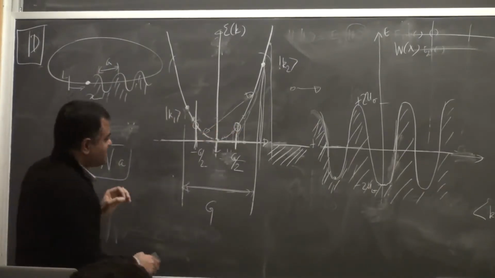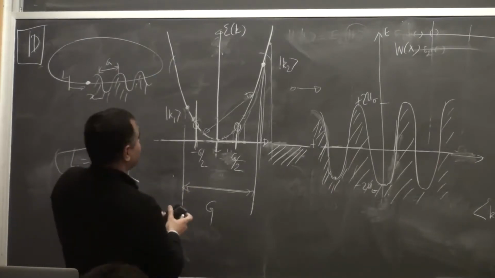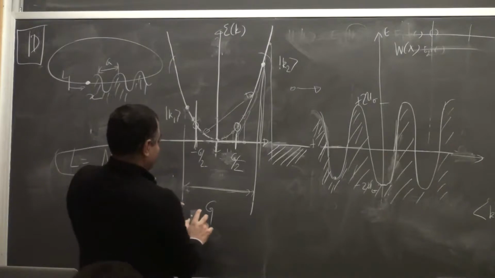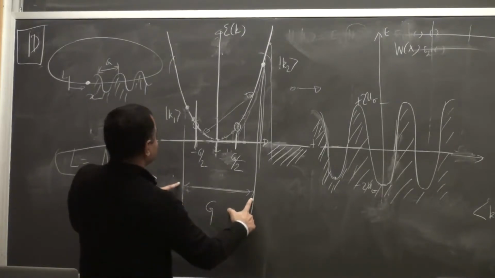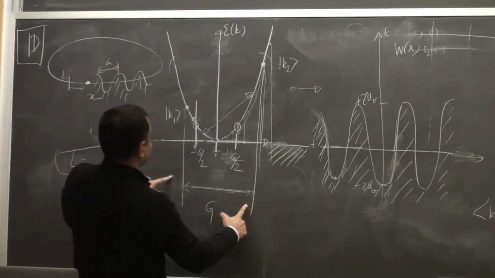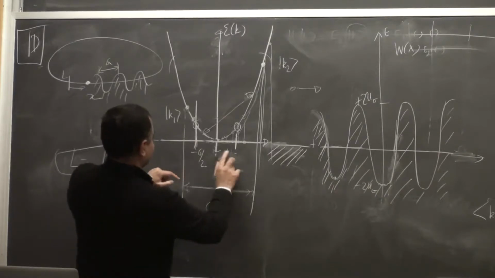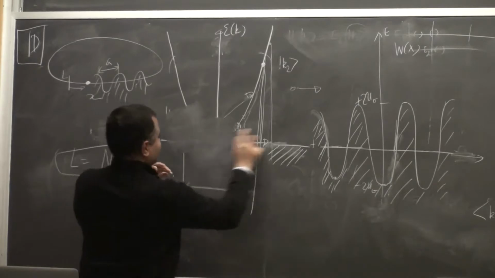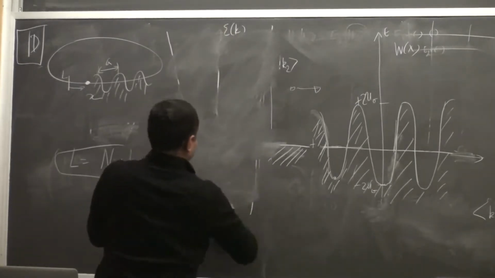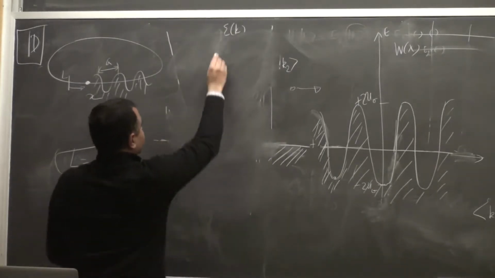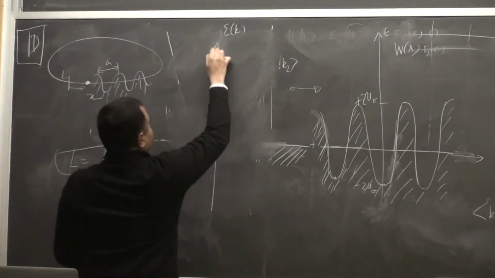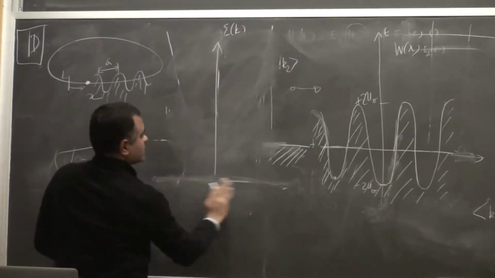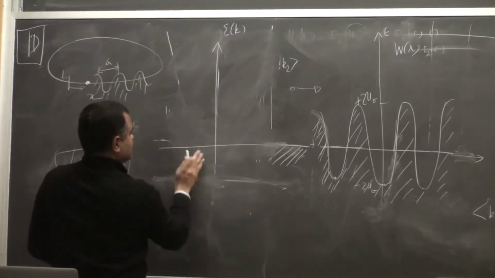Because I think I've not drawn it properly, because this is clearly not separated by g, right? This is g. What did I do here? All right. Let me resketch it. I want to start with still that axis.